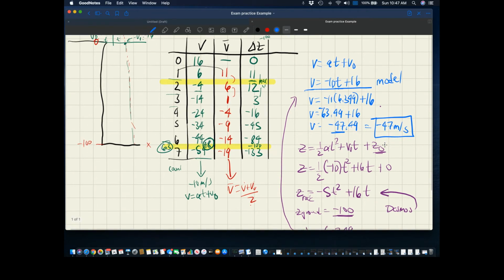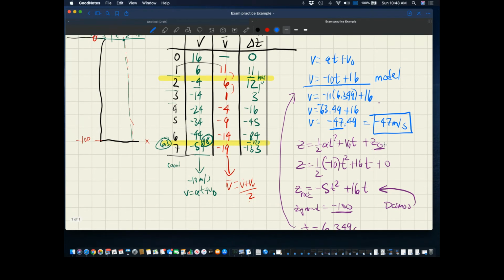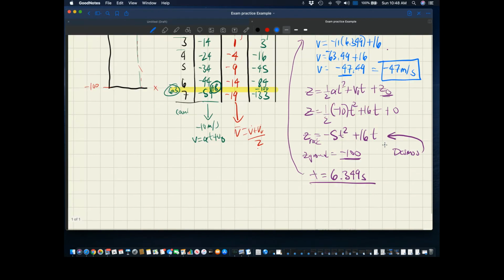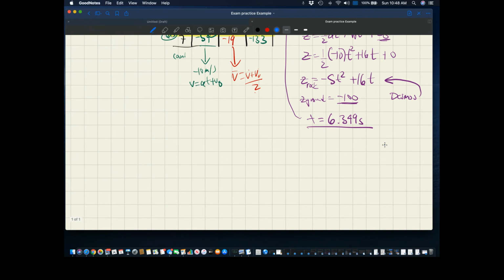The next thing we can do is try to determine the maximum height. Well, let's see. We've got two equations. We've got our blue equation, v equals minus 10t plus 16, our model of the velocity. And we have our model for the position, z equals minus 5t squared plus 16t. And this is at the top, or max height.